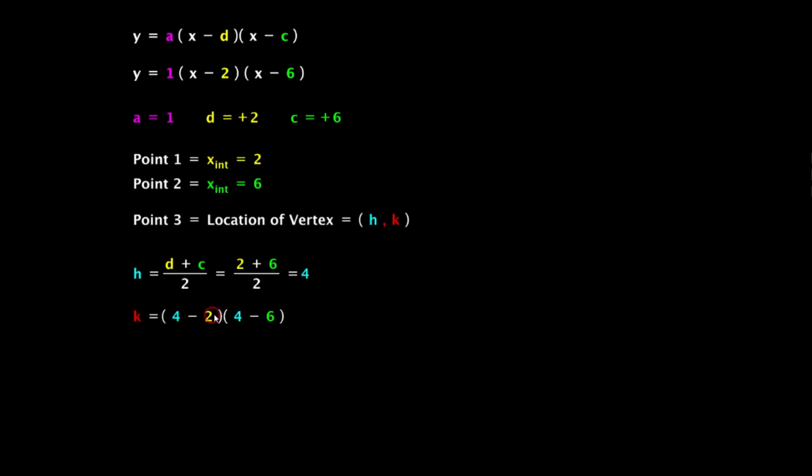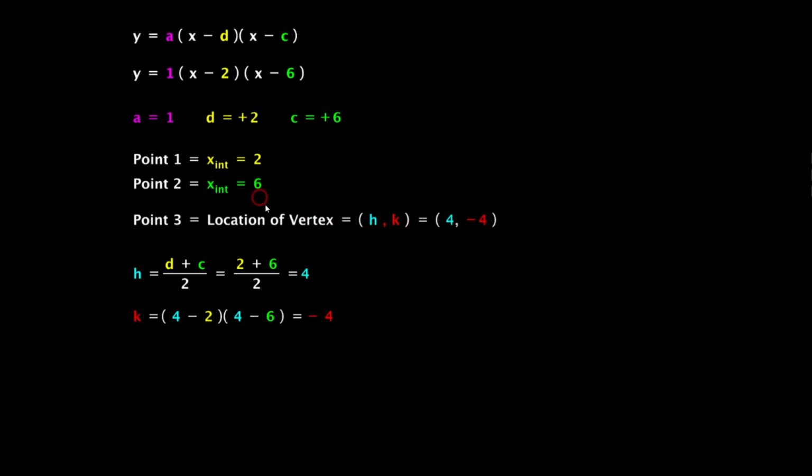So it's 4 minus 2 times 4 minus 6. 1 doesn't change anything. 1 times anything is the same thing. So 4 minus 2 times 4 minus 6 is the same as positive 2 times negative 2. That would give us a negative 4. That's the k value. So h comma k is 4 comma negative 4.